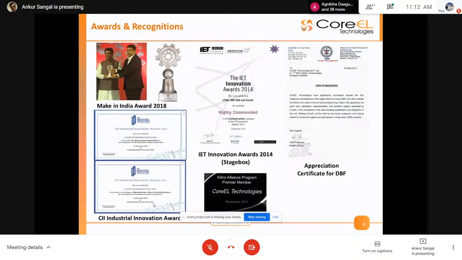These are some awards and recognition from the government of India. Coral has also filed more than 3 to 4 patents, and Coral already received one award in Make in India, top 25 innovative companies, and this is a completely Indian company.